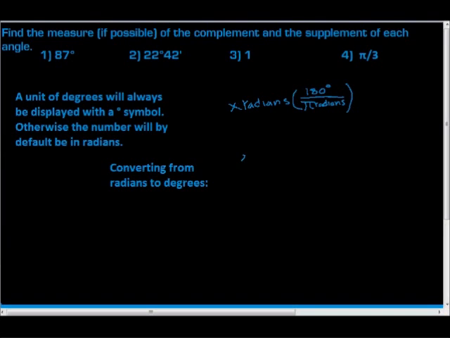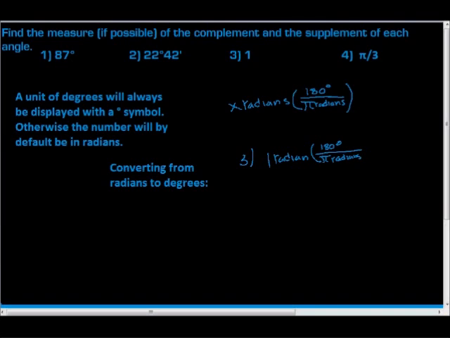So if we go ahead and take our problem 3, we will input 1 for radians. And so this is a really easy problem. The most difficult part is memorizing the formula 180 degrees over pi radians in order to convert from radians to degrees.